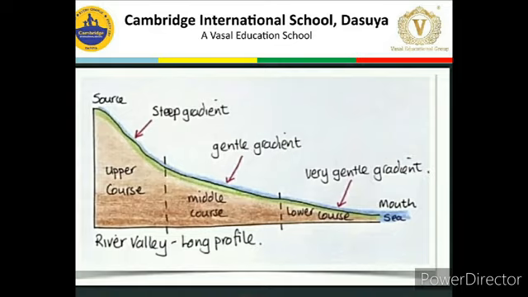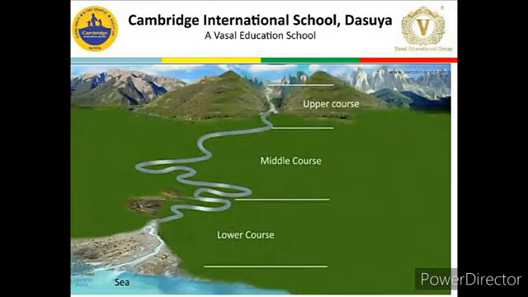See, this is a picture of a river whose source is from mountains. Starting from the source and emerging into a sea, there are three courses of a river: upper course, middle course, and lower course. Upper course.